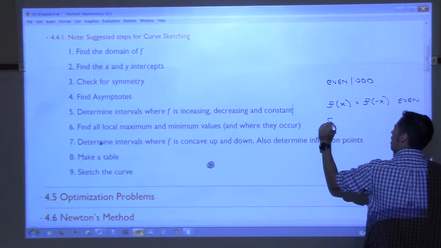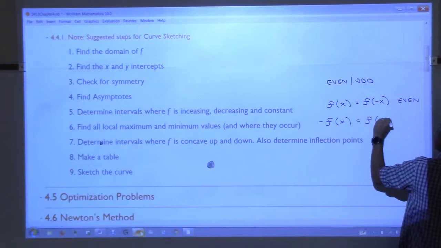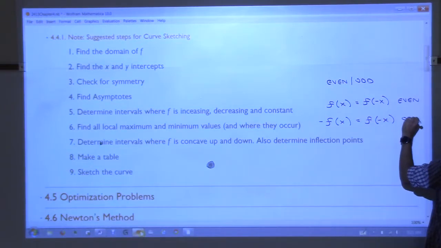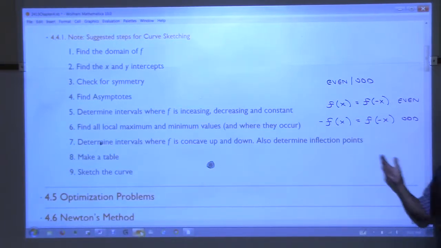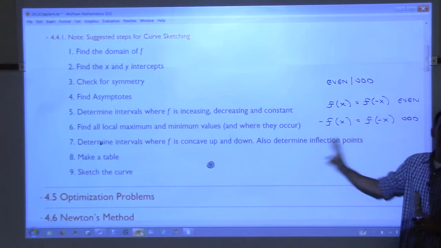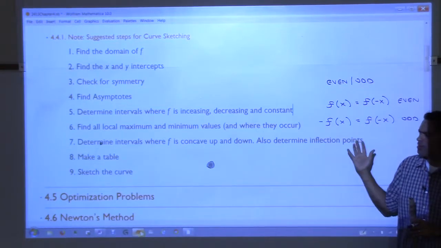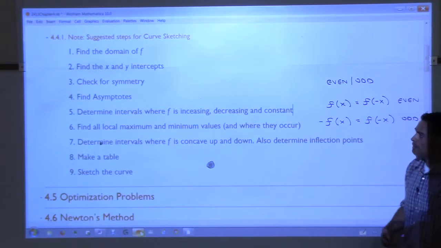Or whether or not negative f of x equals f of negative x, that's an odd function. We can check, and we'll go through an example, whether a function is even or odd. That helps us know that if we graph half of it, the other half will be a reflection of it on the other side of the y-axis. So things like that can help us.